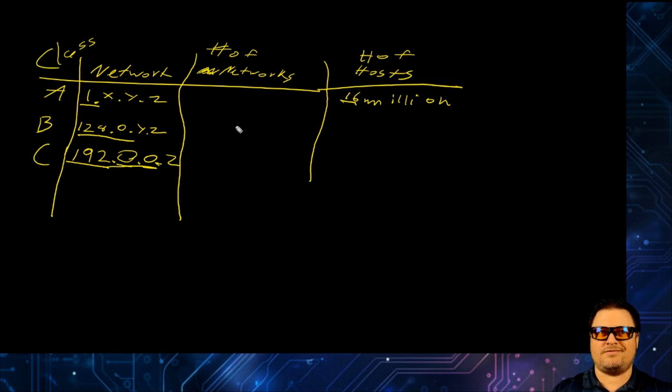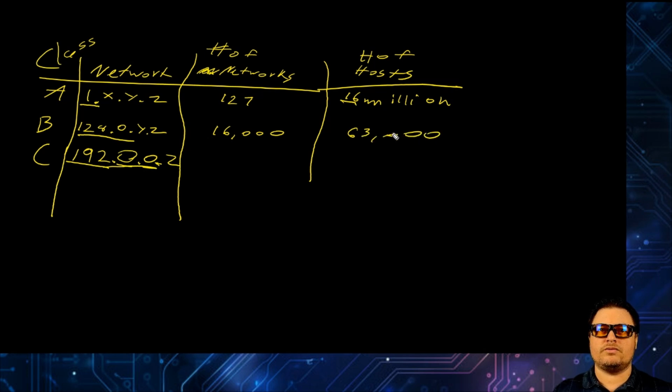And it's just 16 million. Number of networks is small, so that would be 127 networks. Your Class B will have 16,000 networks with 63,000 hosts.